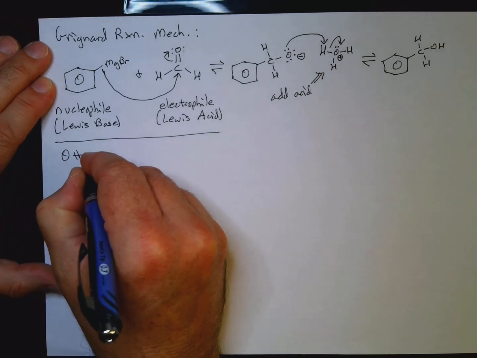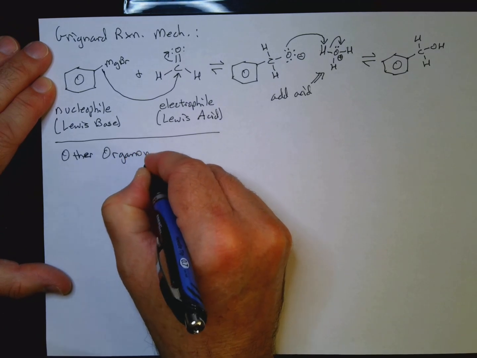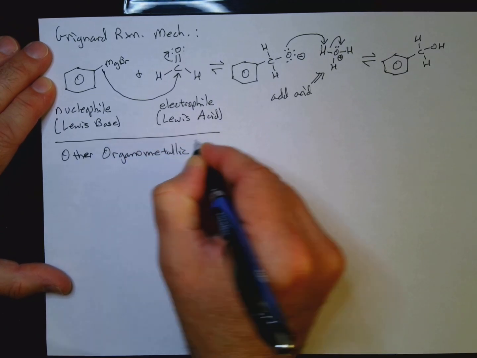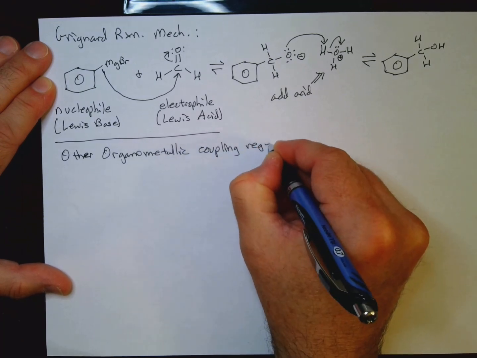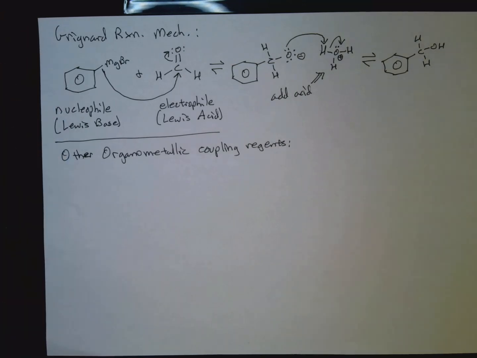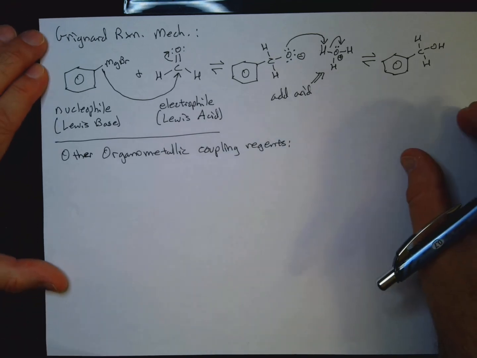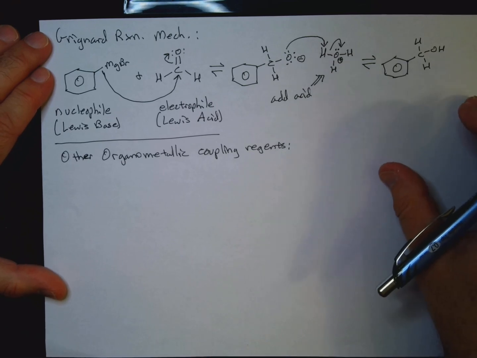Now, there are some other organometallic coupling reagents, and these include things like alkyl lithium.